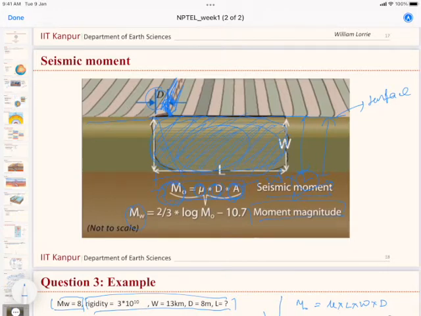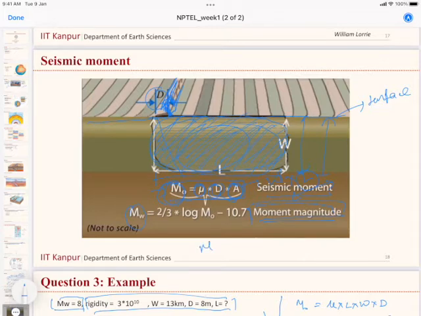Now you may ask why we are calculating this moment magnitude, because there are other parameters also. By calculating the amplitude of seismic waves released at the time of an earthquake, we can also calculate the magnitude.